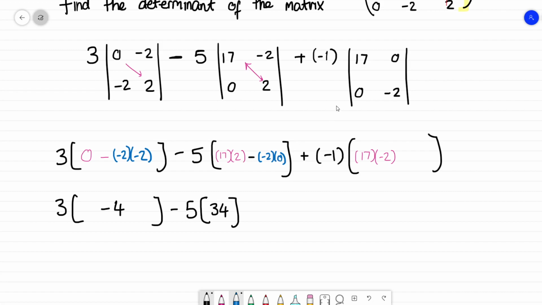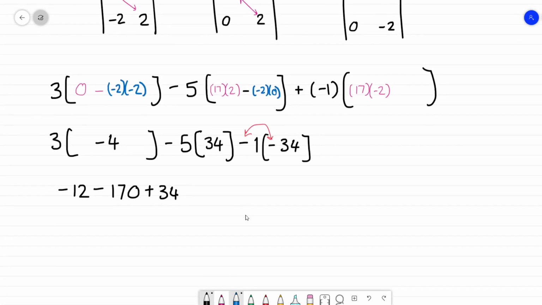And this plus minus business at the front here, I'll just chuck a minus. And 17 times minus 2 is minus 34, so I just need to work out what this works out as. Let's see, minus 12. 5 times 34 is 170, so this is going to be minus 170. Minus a minus here is a plus, so I'm going to get plus 34.